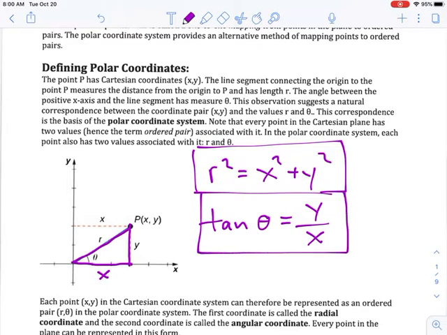And there we have theta being related to y and x. And of course, you could say that theta is equal to the arctan of y over x as well. And so these two relationships here are what we're going to use to convert between rectangular coordinates and polar coordinates.